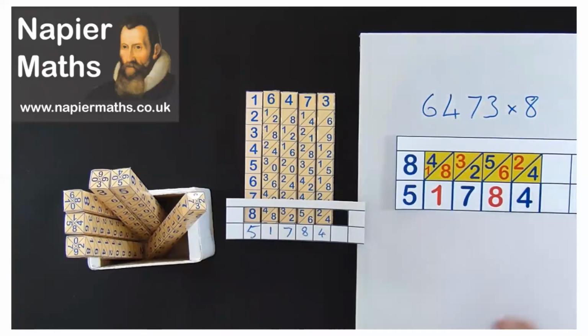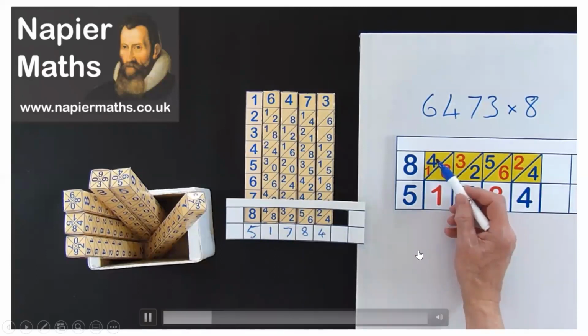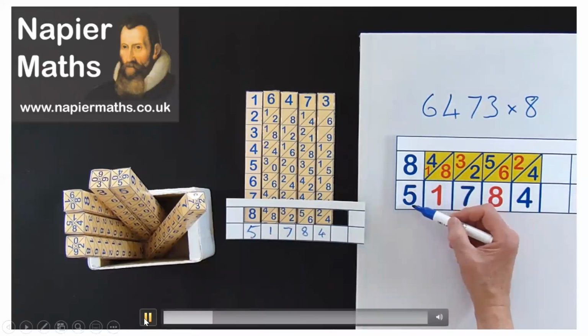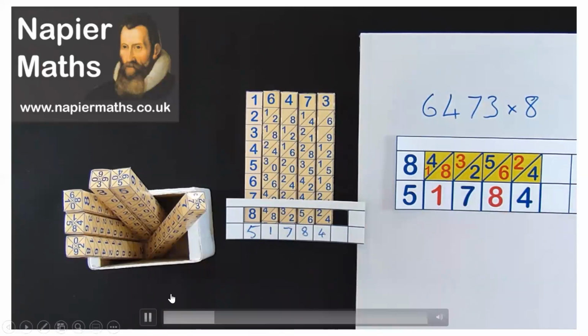I've used different colours so it's easier to see. The 4 there gives you 4. Then the next diagonal, 2 and 6 is 8. 5 and 2 is 7. 3 and 8 is 11. 1, and carry the 10. So 1 plus 4 is 5. And our final answer, 51,784.